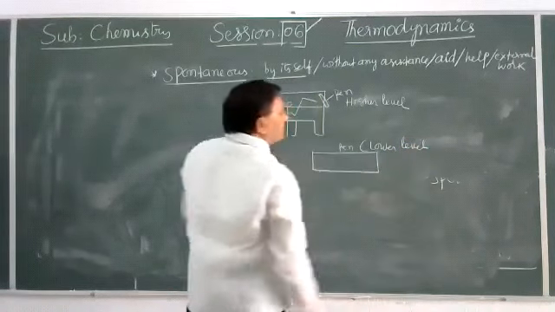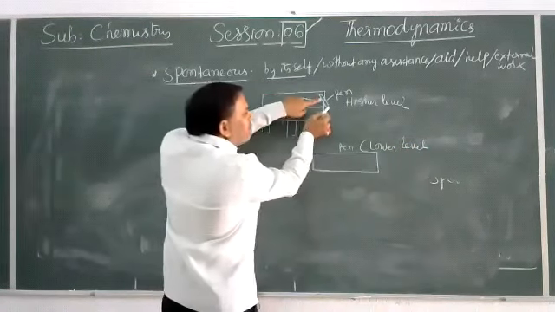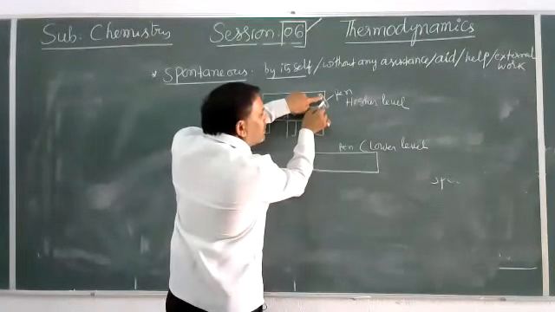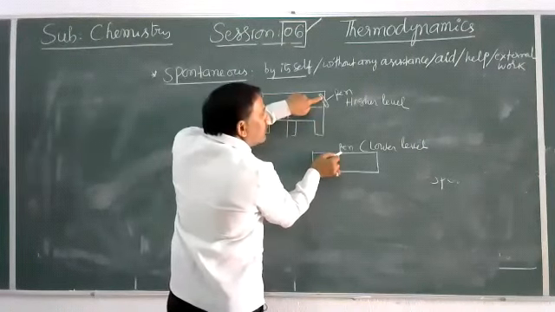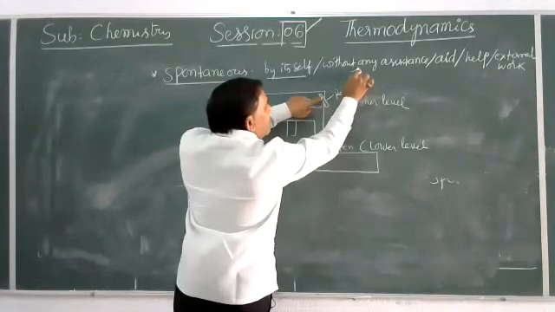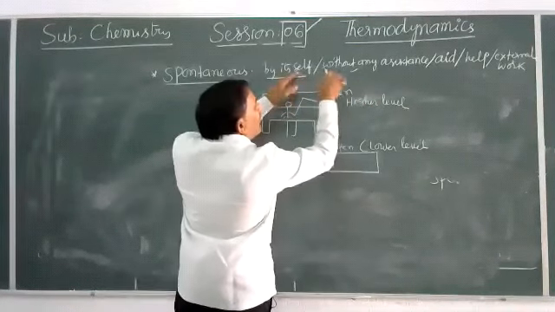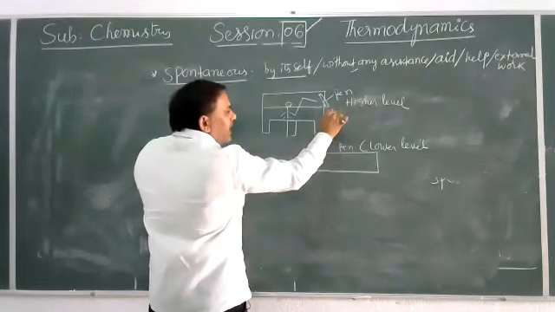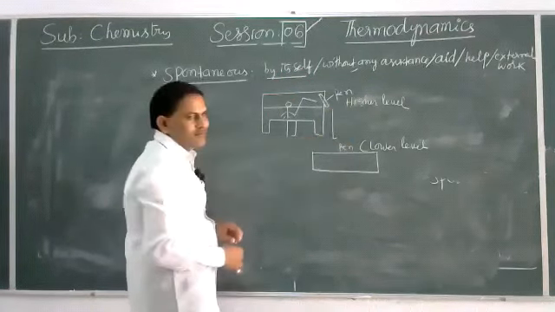The pen goes from the higher level to the lower level, from table to the earth, with no need for any external assistance, help or other external work. It comes by itself from the higher level to the lower level.